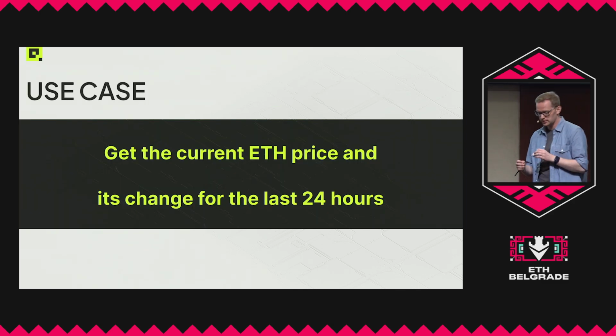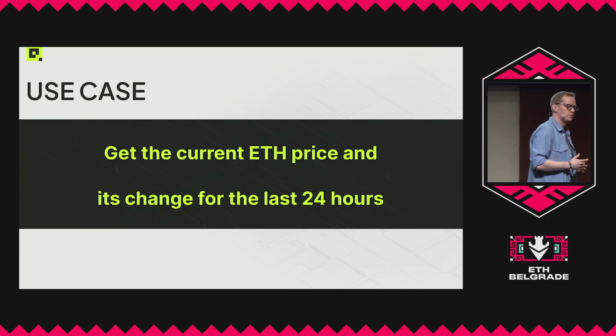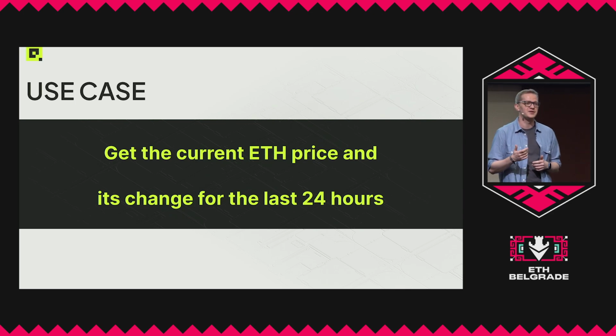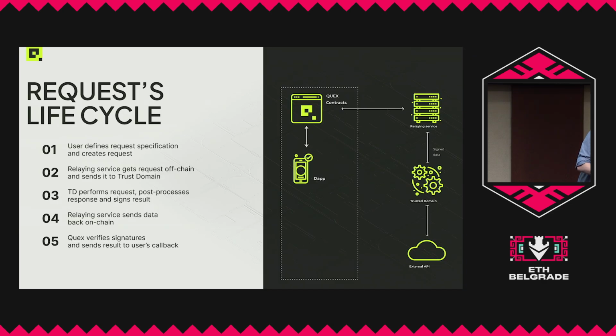Let's have a look at an example and get more familiar with Quex through this. Let's imagine that for your product, you need to get the current Ethereum price and its change for the last 24 hours. To understand how to tackle this problem, let's first have a look at the request lifecycle in Quex.